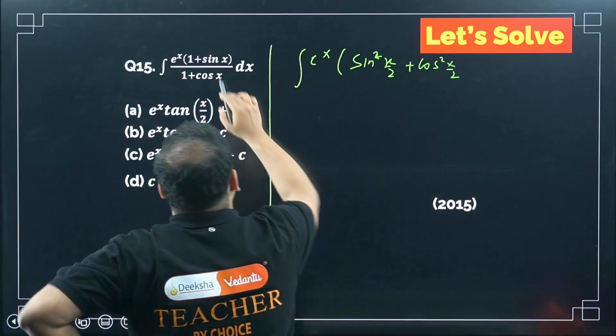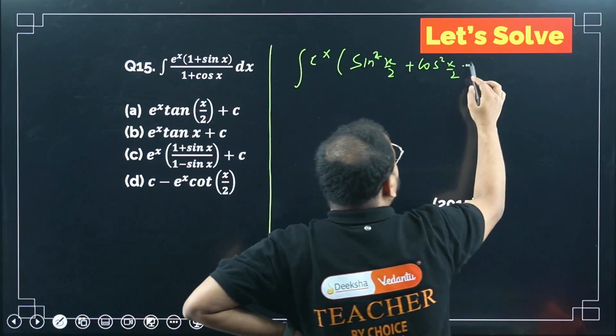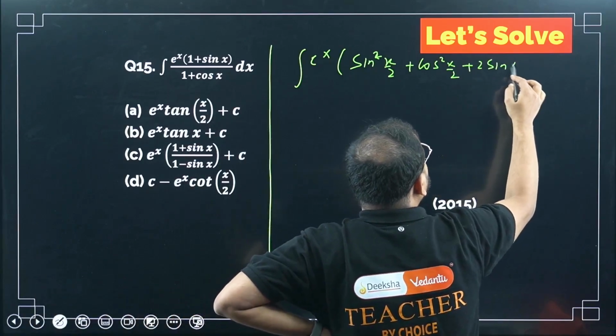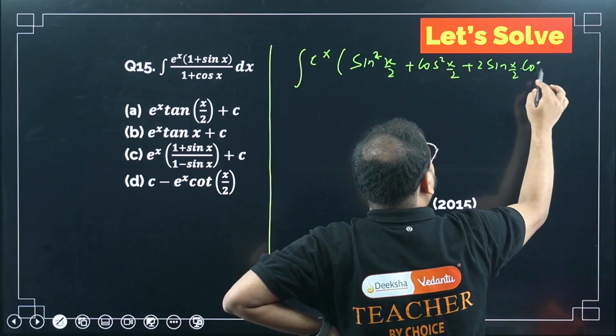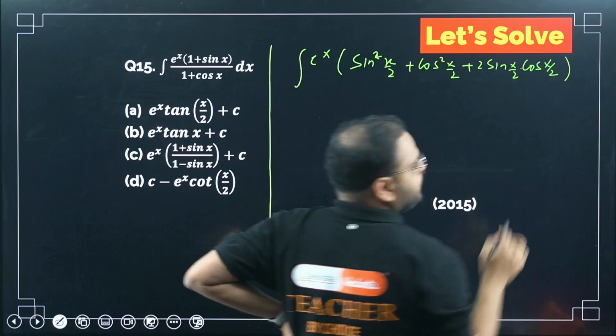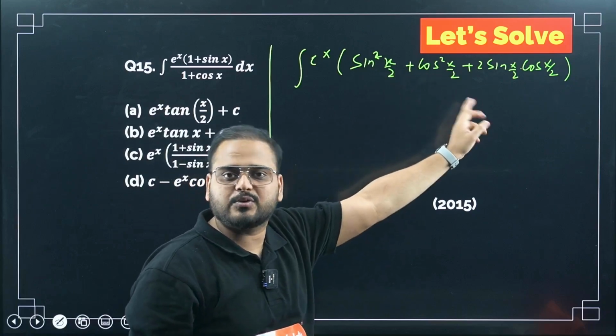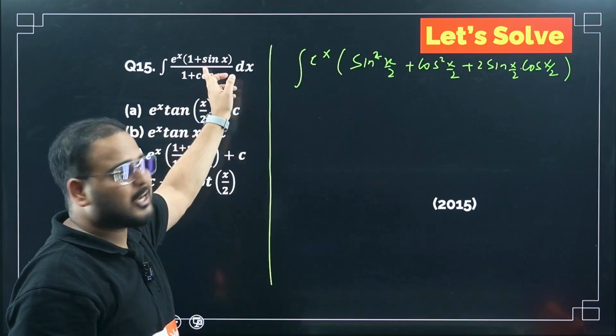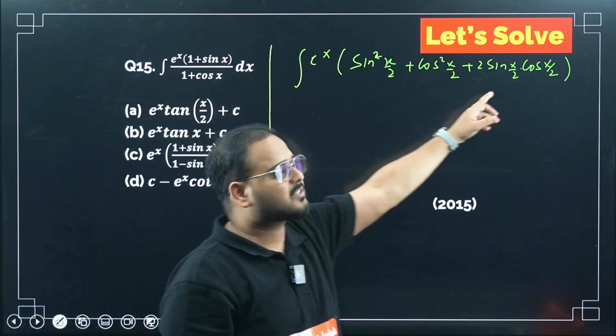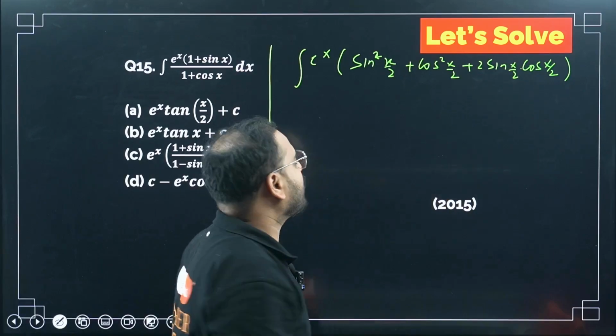I am using the identity that sin square x by 2 plus cos square x by 2 is simply 1. And sin x will be sin 2x, I can use the formula 2 sin x cos x, so 2 sin x by 2 into cos x by 2.